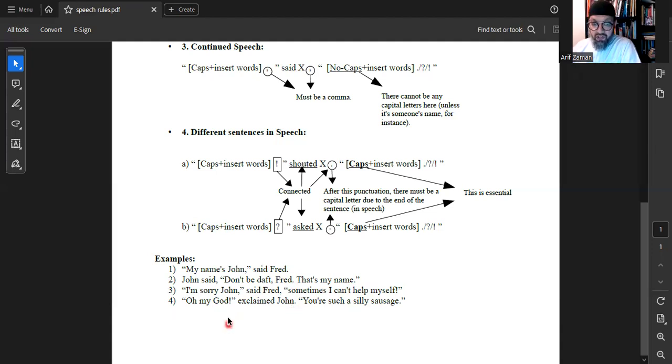So the answer is if that was a question mark over here, again, you'll have a full stop here because anything after a question mark is another sentence, begins with a capital letter. Similarly, you'll have a capital letter here. So the only reason why in number 3 it says sometimes with a small s is because the main reason is this is one sentence.